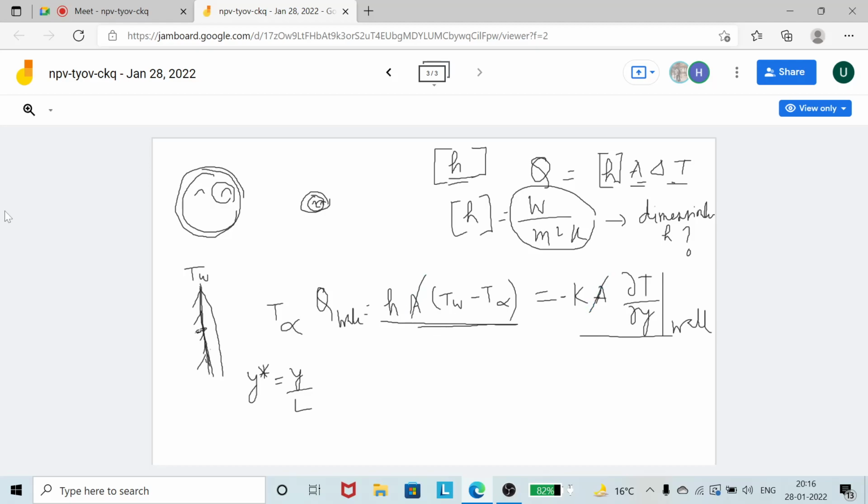We can say theta is equal to (T minus T infinity) by (TW minus T infinity). This is how non-dimensional temperature is defined. Can you tell me what is the value of theta on the wall? Suppose we non-dimensionalize this. Ritankar, can you tell me what is the non-dimensional value of theta on the wall?